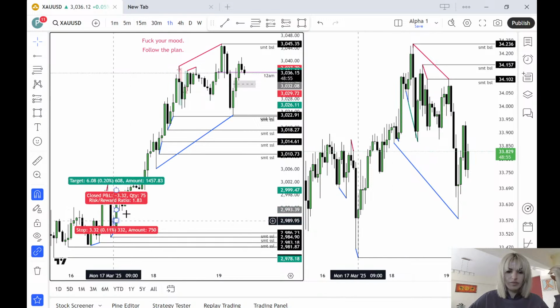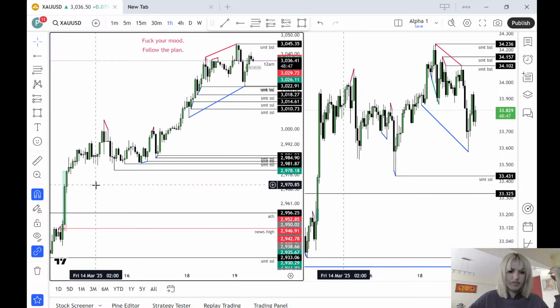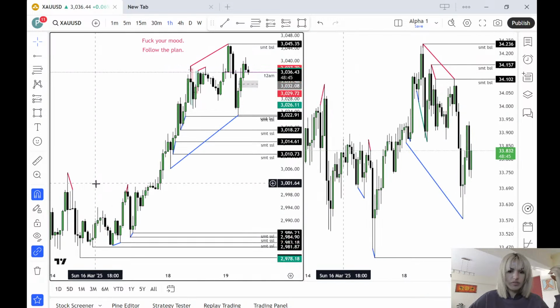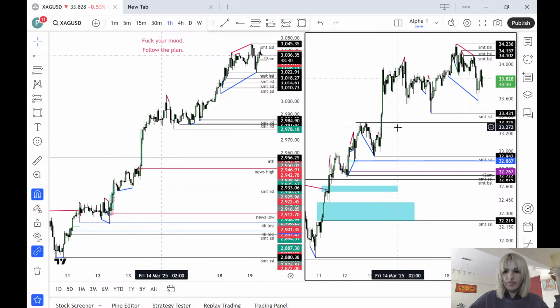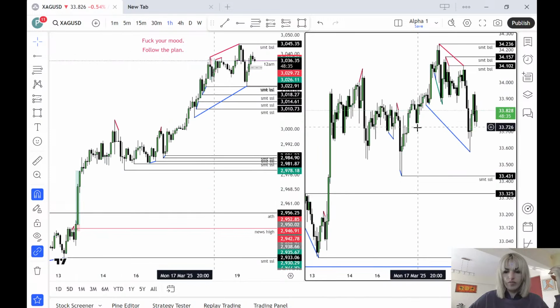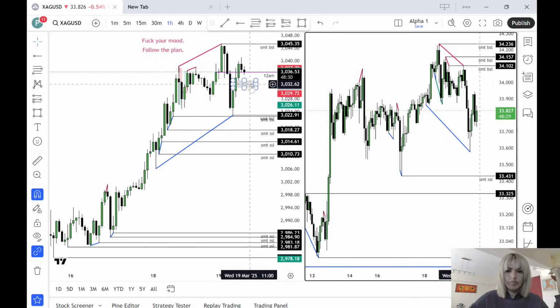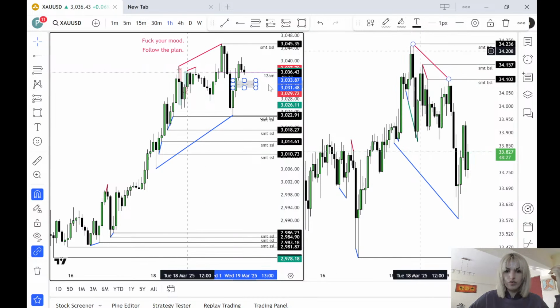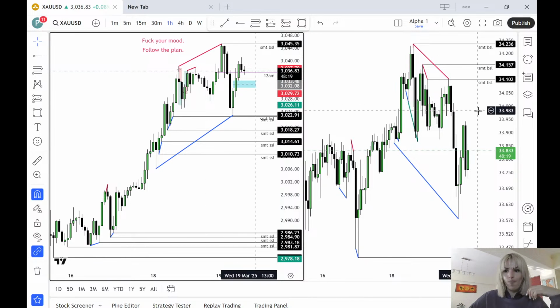Why? Simply because they're SMT areas, minor SMTs that occur during the day, during the sessions, and that's the way in which price is actually creating liquidity during sessions, all right? So we should pay attention to that.